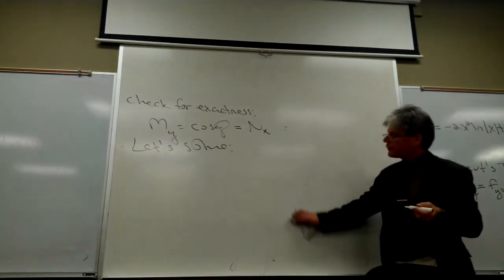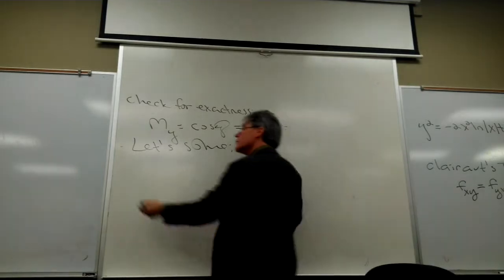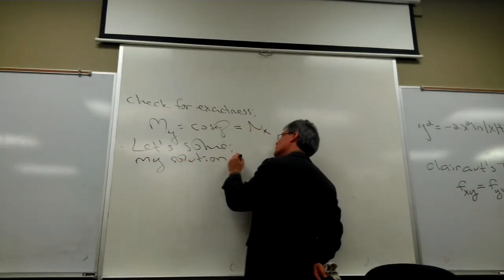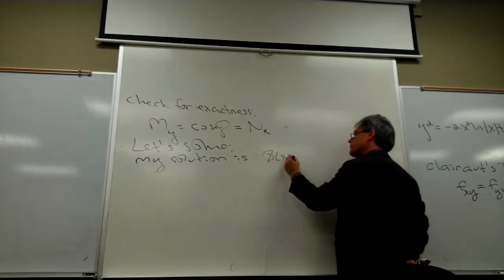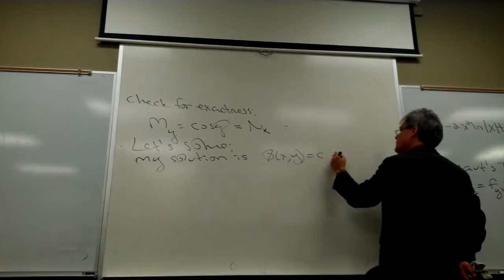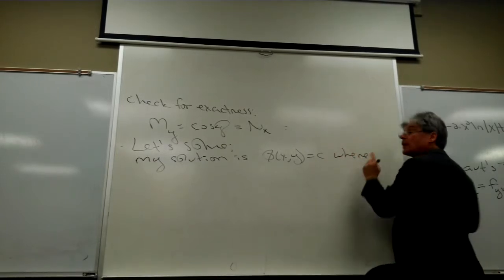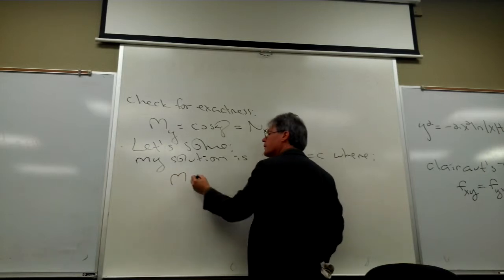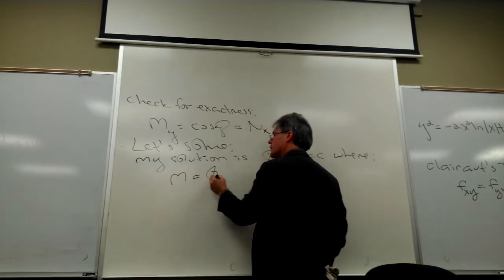Since I do have exactness, let's solve. To solve this differential equation, here's my solution. When you take a peek at that function M, this is the partial of phi with respect to x.